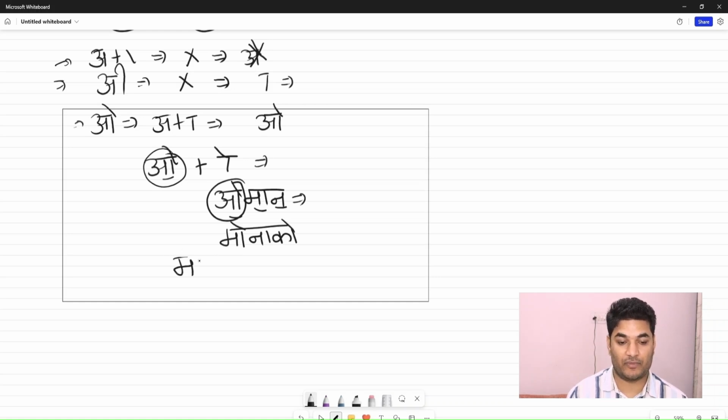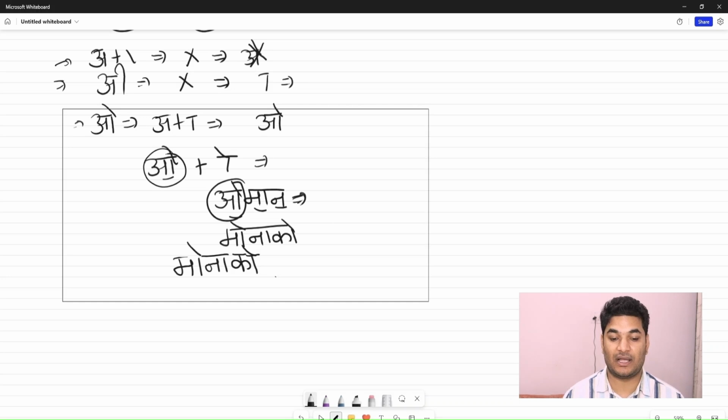After M, we put the matra O and it becomes Mo, and then with K, again we put the matra of O, Monaco. Fine? That's the difference. A matra is a symbol which is placed after the consonant, for the consonant, below the consonant, or there are several ways to denote a matra.